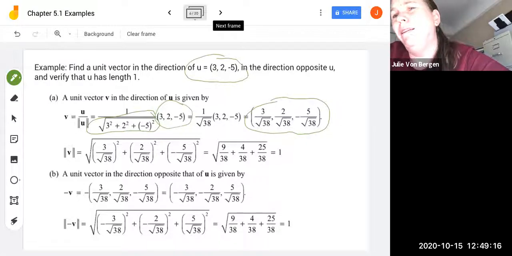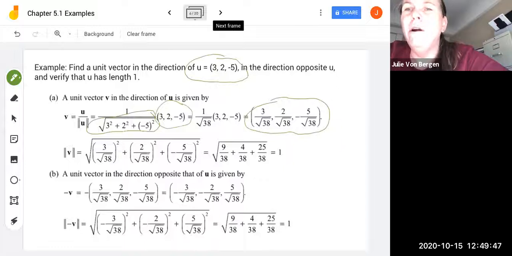It's going to rationalize the root for you, because typically this is what we think of as bad notation in math, but we tend to leave our calculations in this unrationalized form with the roots in the bottom when we normalize vectors. So here we've got 3 over root 38 for the first component, 2 over root 38 for the second component, and negative 5 over root 38 for the third component. So we just took each component of vector u and divided it by the norm of u.